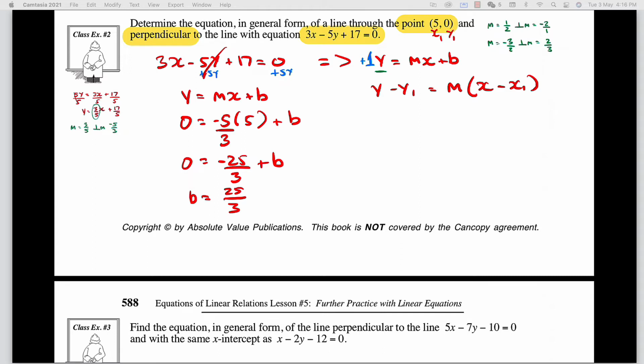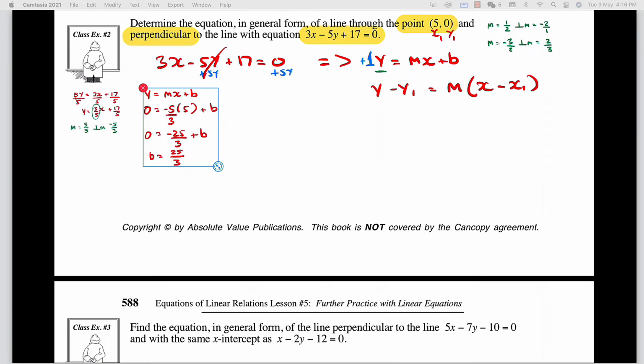Okay, so once I have that b equals 25 over 3, and I know the slope as well, let's resize this a little bit, I can go back into here and just do it again. So I'm having to keep jumping back in there. So in this case it's y equals m, which is negative 5 over 3 x plus 25 over 3. Now what do I know about general form? It can't have a fraction.